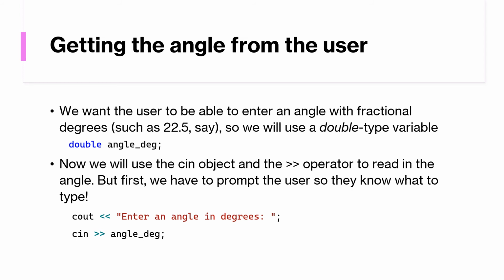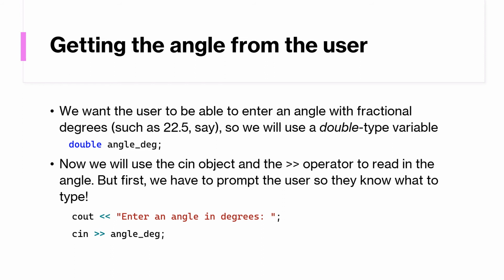Now we will use the cin object and the greater than input operator to read in the angle. Again, we'll talk about that in more detail in lesson 3, so I'm not going to spend a lot of time on it here.